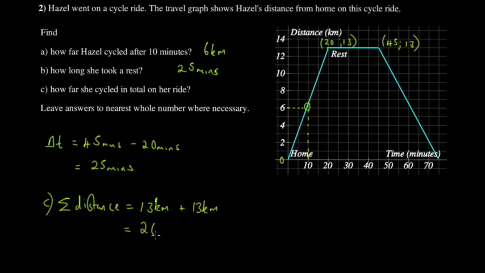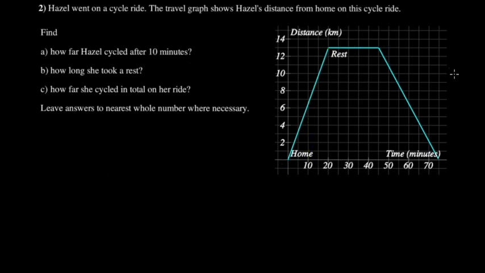So thereby you get 26 kilometers here. Okay, then that's it. So this one must be 26 kilometers. Take note, we are doing a distance time graph. If we're doing a speed time graph, it changes. Okay, so this is it. Let's move over to the next part.